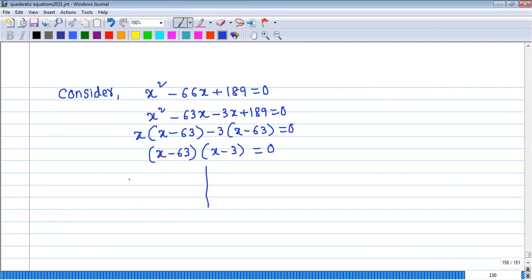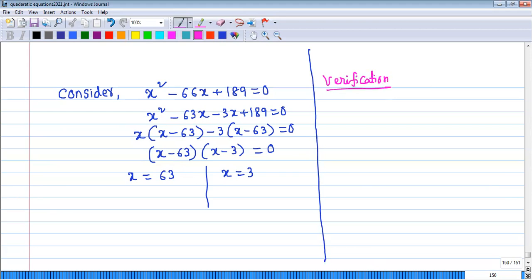So we get two solutions: x is equal to 63, x is equal to 3. So verification we need to do. Case 1: put x is equal to 3 in the left hand side. What is LHS?